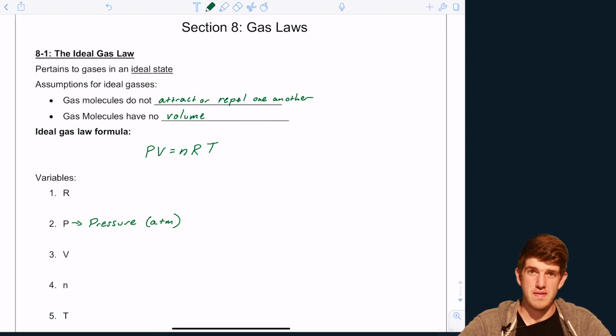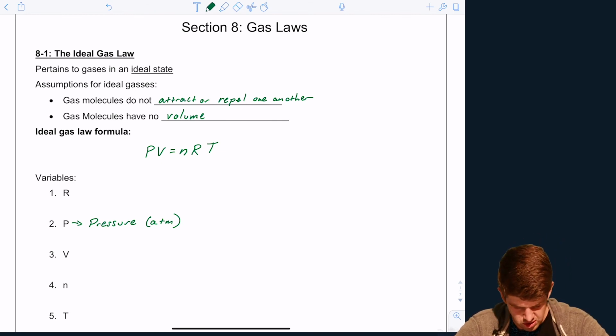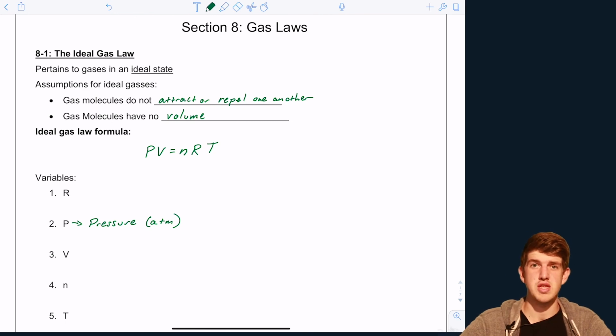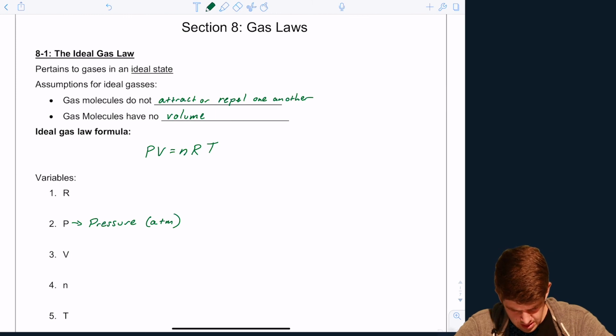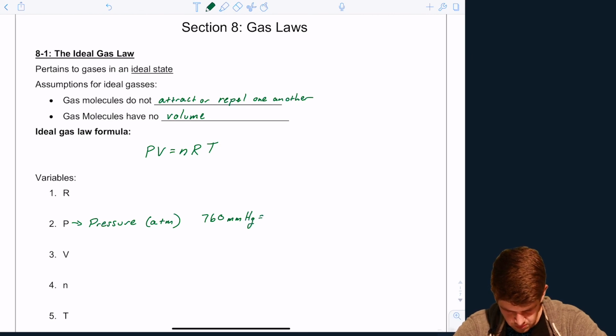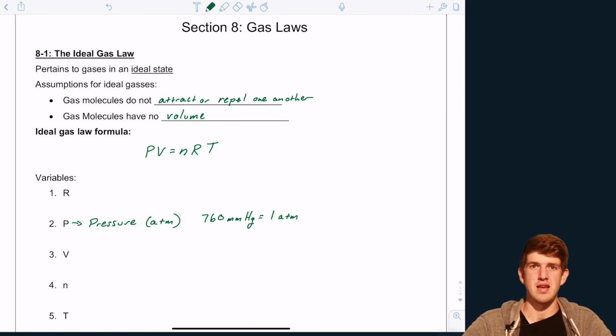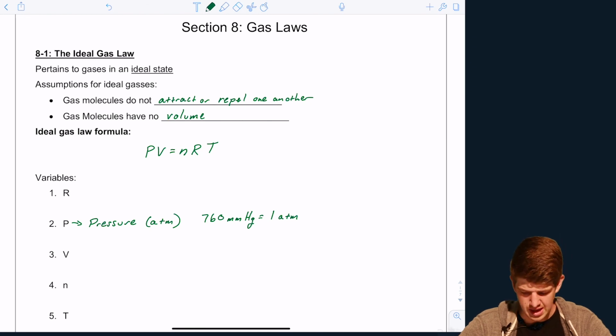Now, you have to know atmospheres, and it would also be good to know how to convert atmospheres to millimeters mercury. So 760 millimeters mercury is equal to 1 atmosphere of pressure. And a lot of times you might see some kind of equation where it asks for some variable, but you're given 780 millimeters mercury. Just divide 780 by 760, and you'll find out your real pressure in atmospheres.